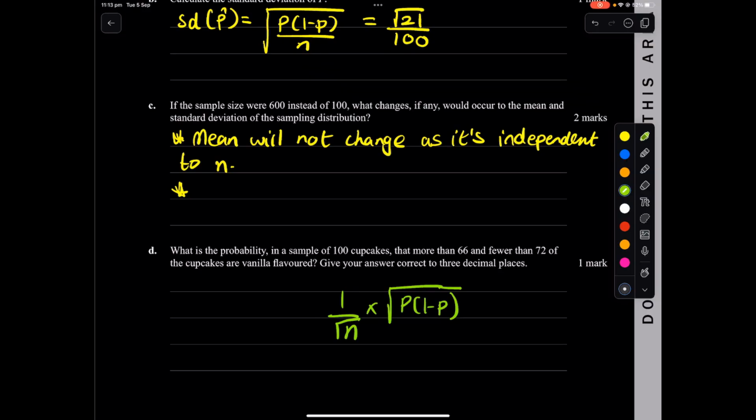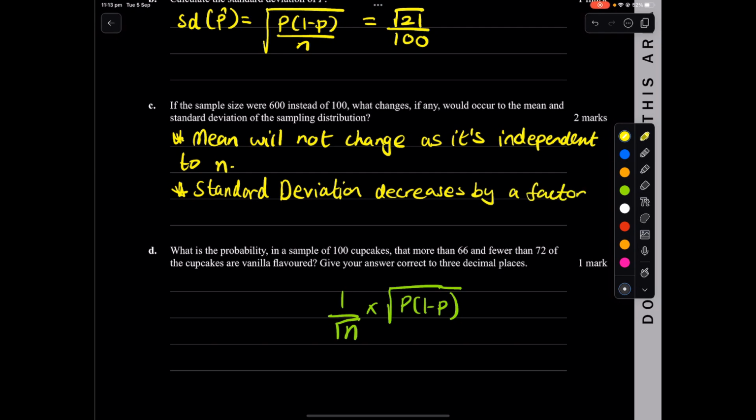So we can say the standard deviation decreases by a factor of 1 over root 6. The mean will not change, and the standard deviation decreases by a factor of 1 over root 6.